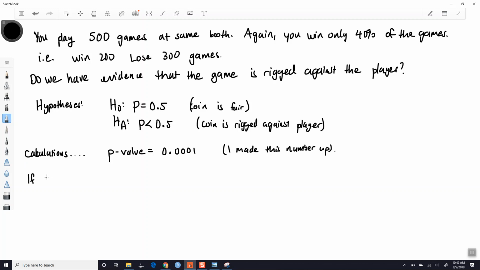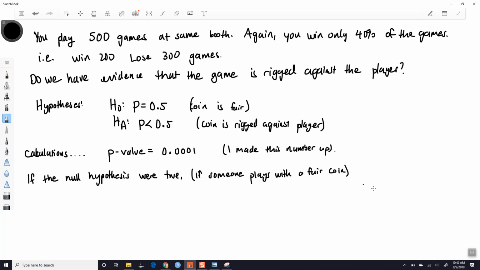if the null hypothesis were true, meaning if someone plays with a fair coin, could they get the result where they win only 200 games out of 500? Okay.